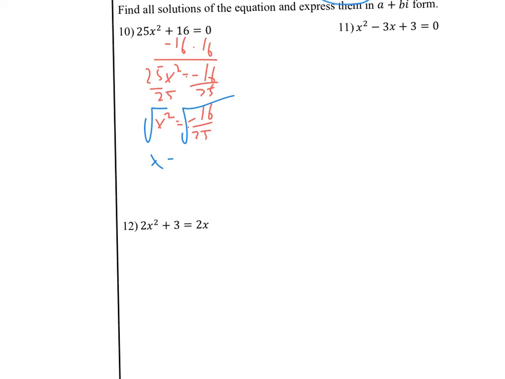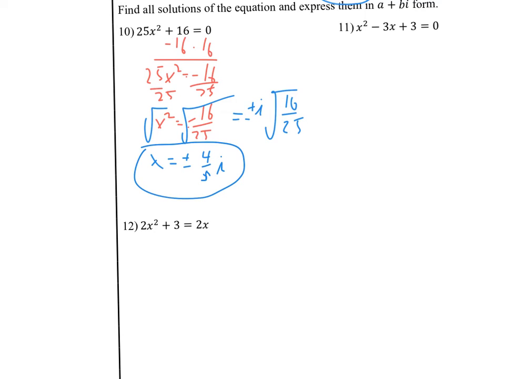Now, since I created that square root, I need a plus or minus there, and then we know that I can take an i out front since that whole fraction is really negative and just call this 16 over 25, of course, plus or minus. So then I can say x equals plus or minus 4 over 5i. Just taking the square root of the top and bottom of that and then attaching the i out back.